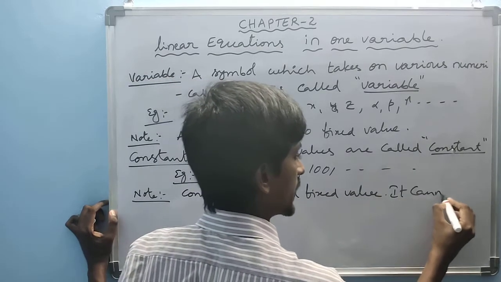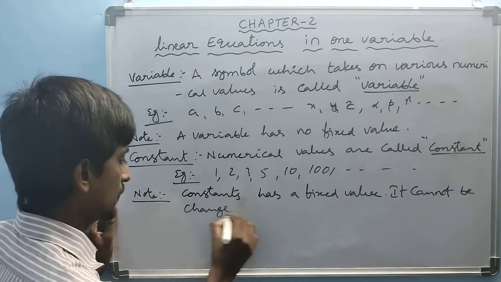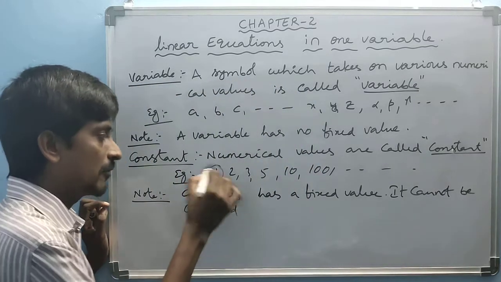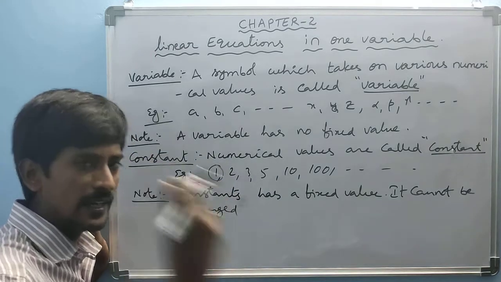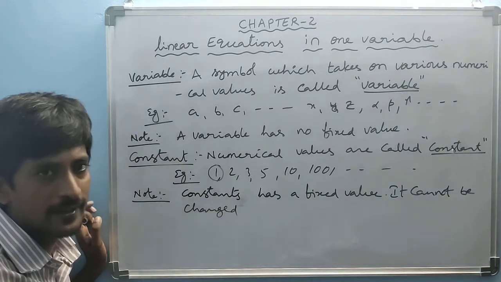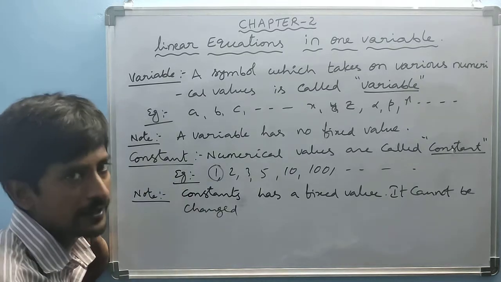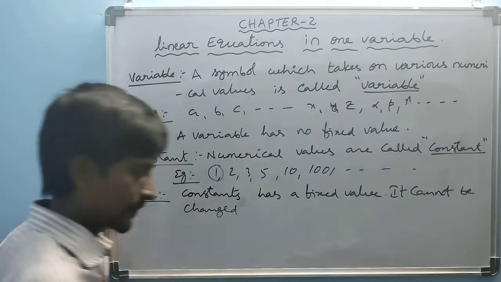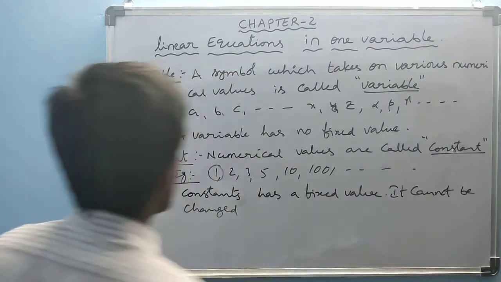It cannot be changed. For example, 1 is one value. There is no change in any other place, anywhere. 1 equals 1 only. It cannot be changed anywhere, everywhere. Okay. This is constant. What is the meaning of term?